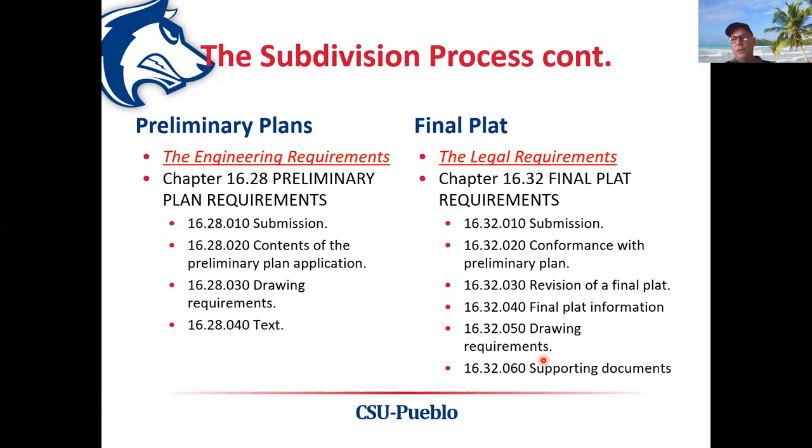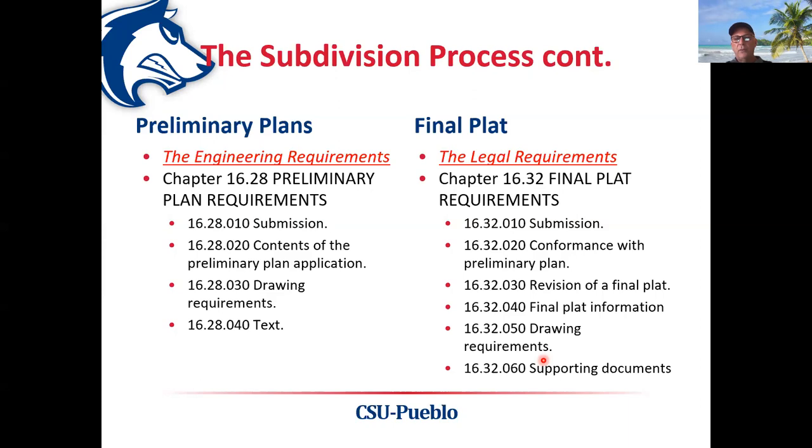So for example, if we were going to sell off lot 3 of block 5 of a particular subdivision, the legal requirements for what that actually means would be this document, the one that's filed normally in the county seat, in the county clerk and recorder's office.